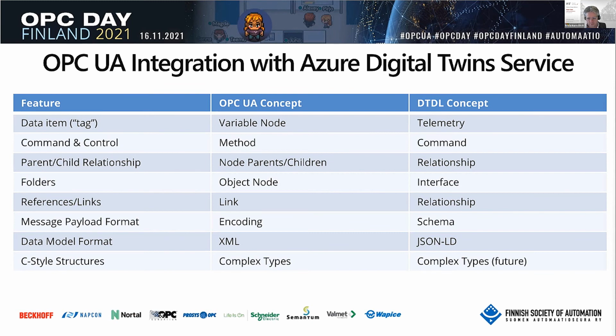And there's no comparison between DTDL and OPC UA. OPC UA is much more powerful, but instead of modeling everything from scratch, you can just import the pieces from OPC UA that the Azure Digital Twins service leverages using DTDL, and you save a bit of time.